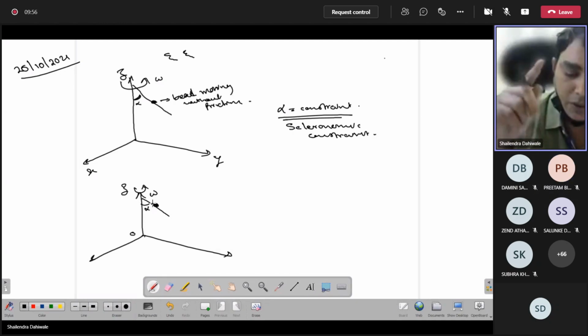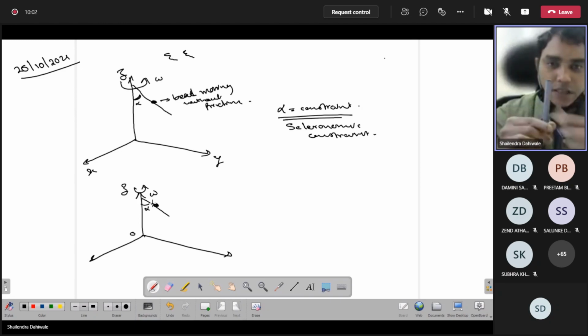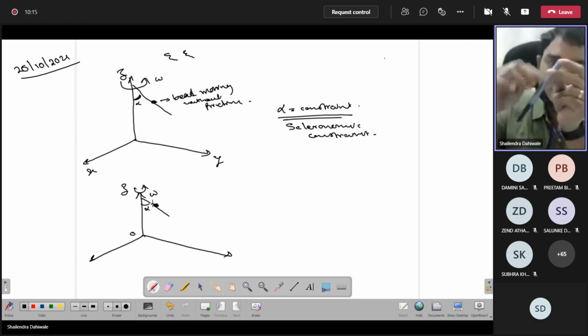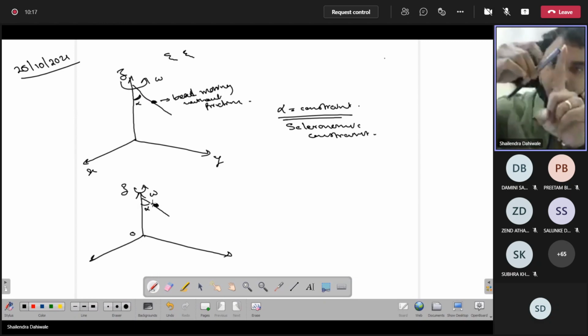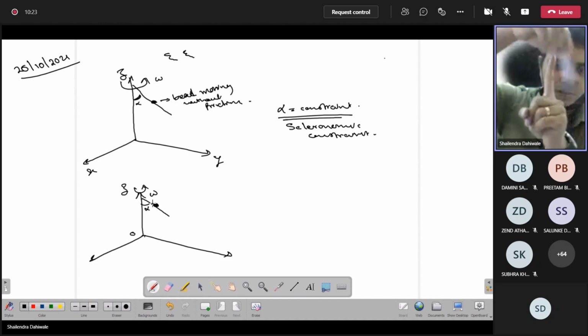You can see my video also, right? So if the z-axis is like this, this rod is going like this, and the bead is sliding on this rod or stiff wire, frictionless. So about this z-axis, this rod is moving like this.